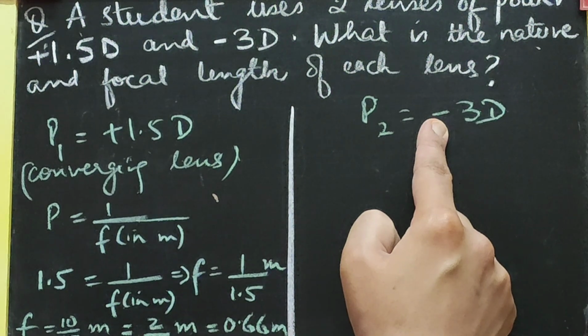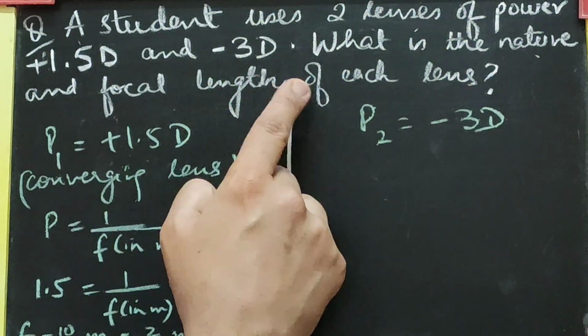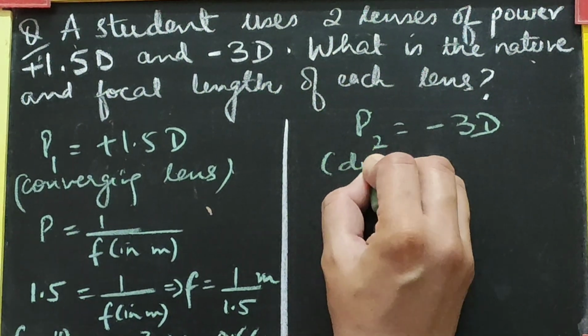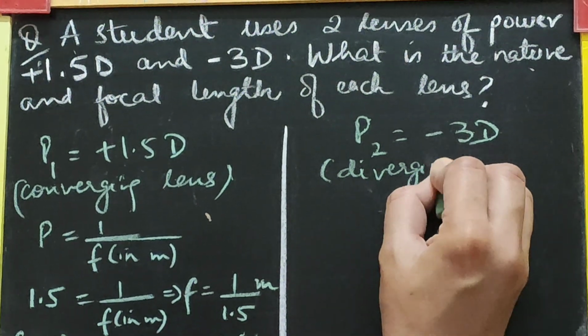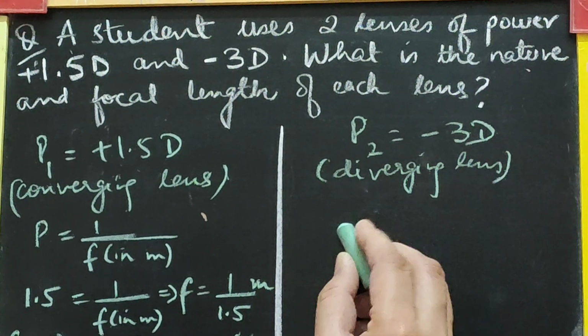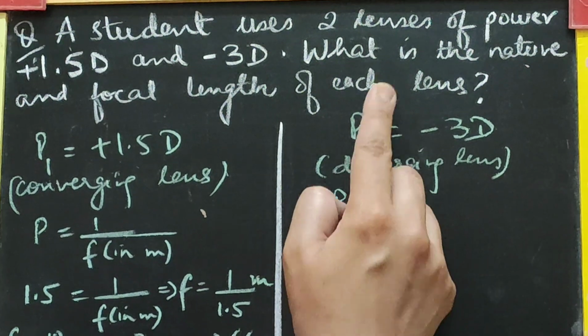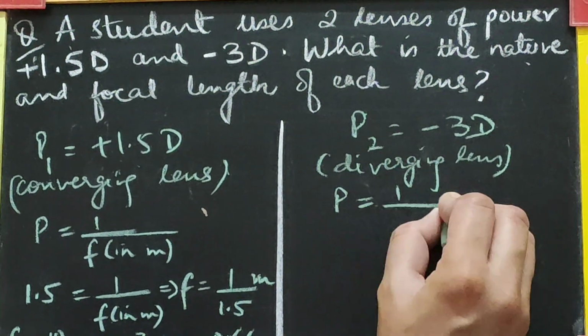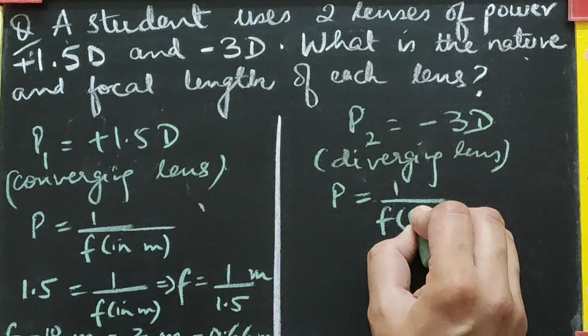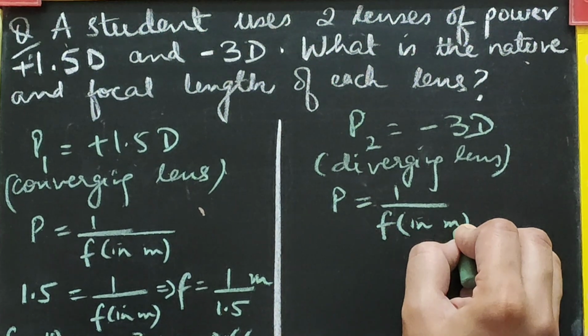Now for the second lens, the power is given as minus 3 diopters. Again, the sign of the power will indicate the nature of the lens, which in this case is a diverging lens. Now calculating focal length, we will use the formula for power which says power is 1 upon focal length in meters.